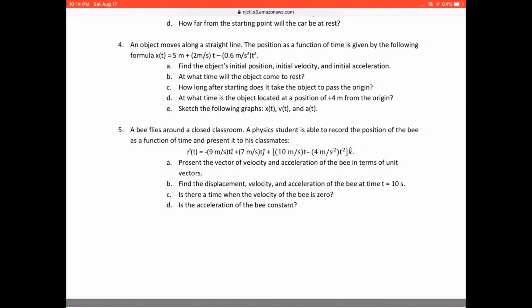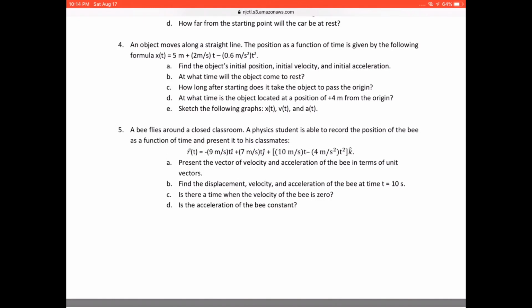For 4, an object moves along a straight line. The position as a function of time is given by the following formula: x of t is equal to 5 plus 2t minus 0.6 t squared. Just remember to remove the units from the formula so that you can work it out easily. A. Find the object's initial position, initial velocity, and initial acceleration.